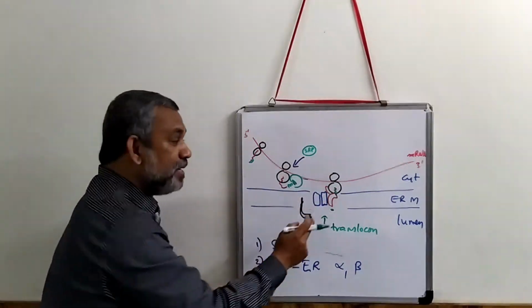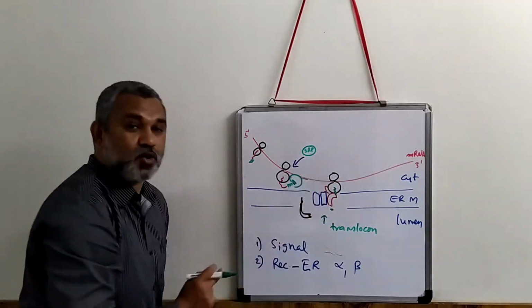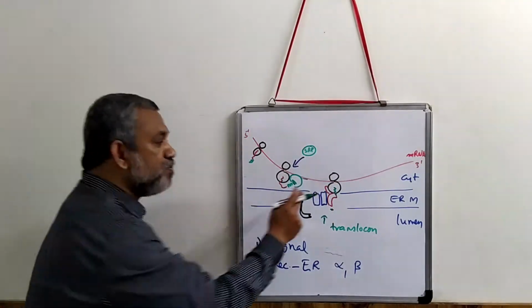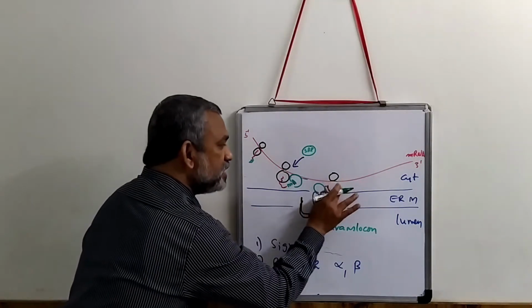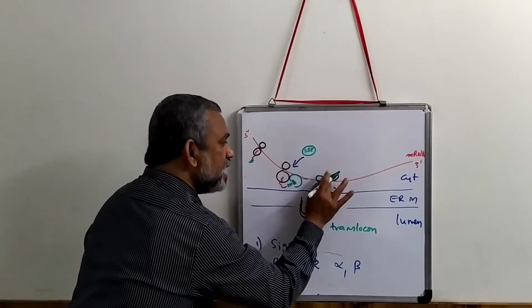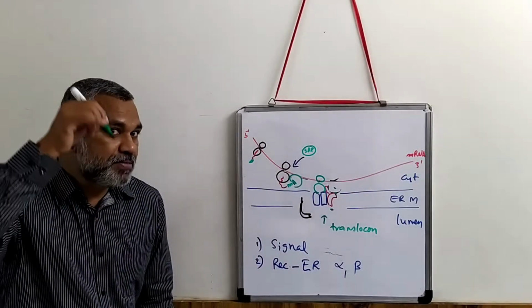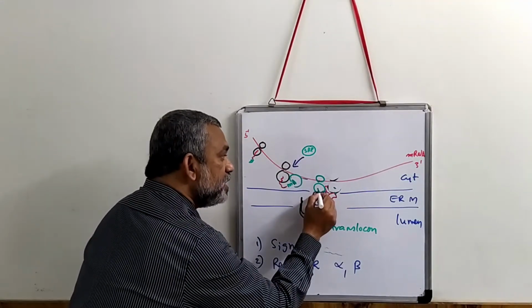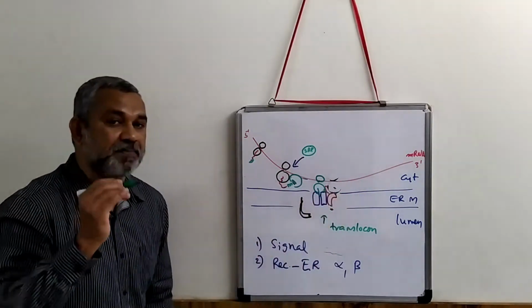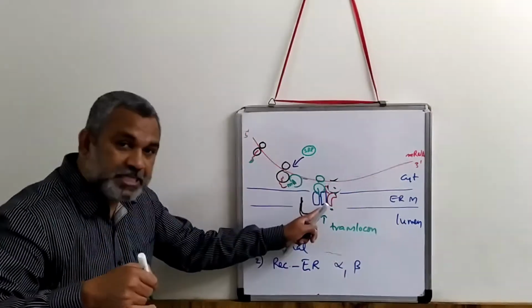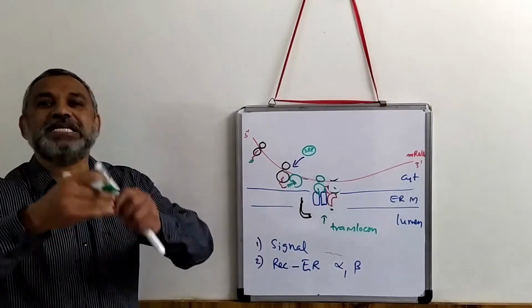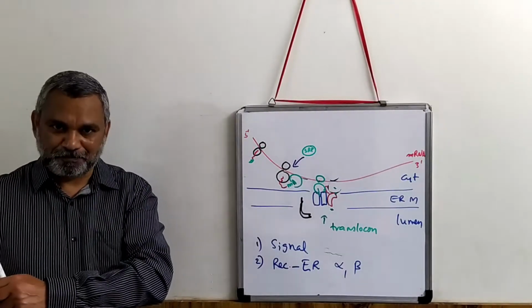The 60S ribosome binds exactly on top of it and then it will insert this signal with the help of the SRP protein. It will insert the signal through this channel and it is allowed to pass through.